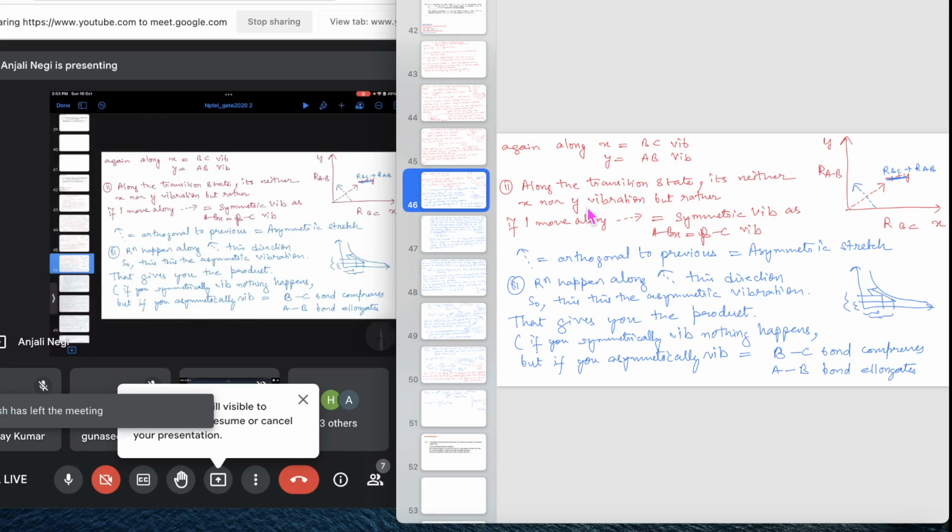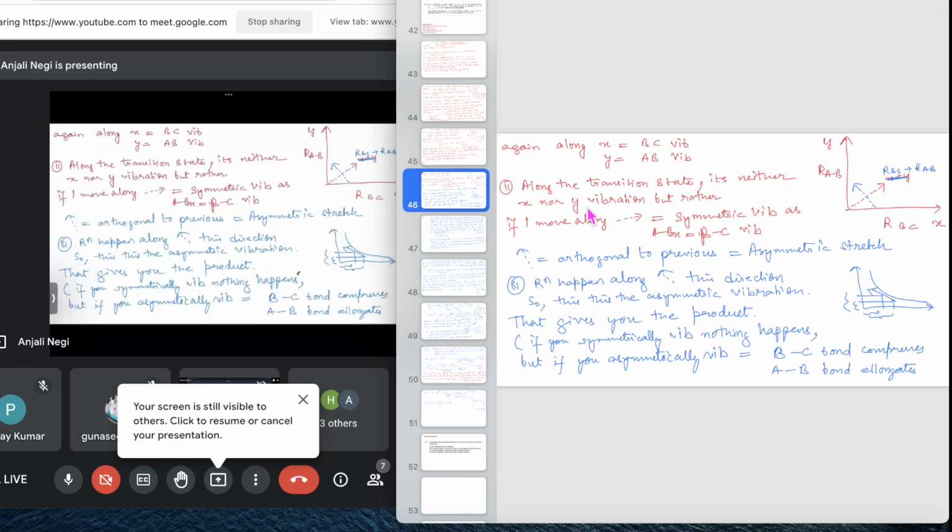In this particular slide, this is the reaction coordinate, particularly this one x denotes RBC, and this one denotes RAB.